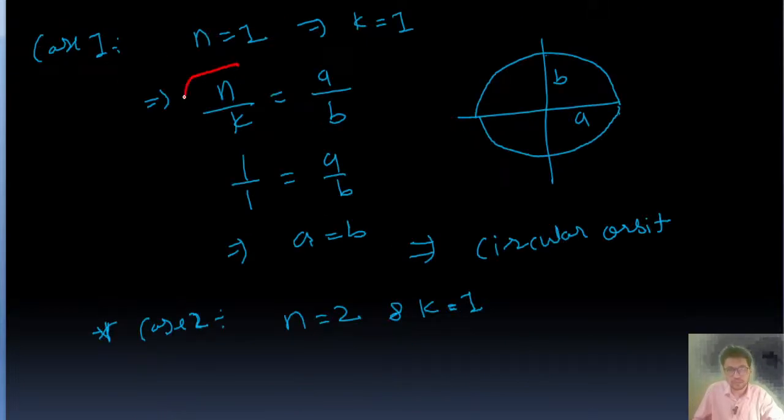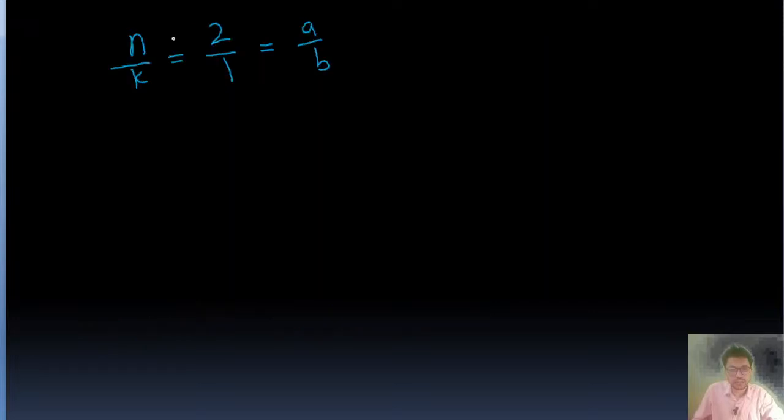This is the formula. So a upon b is 2 upon 1, and in that case a is going to be equal to 2b.